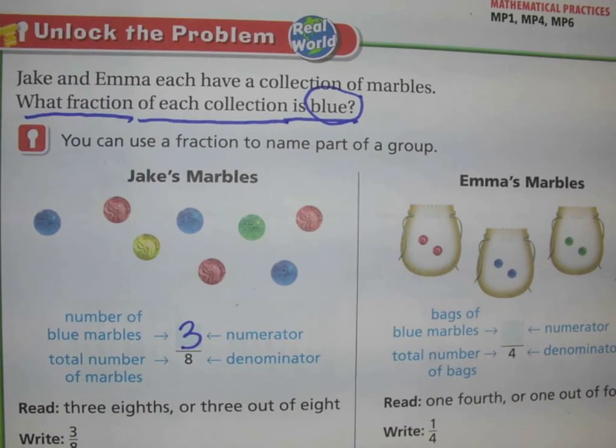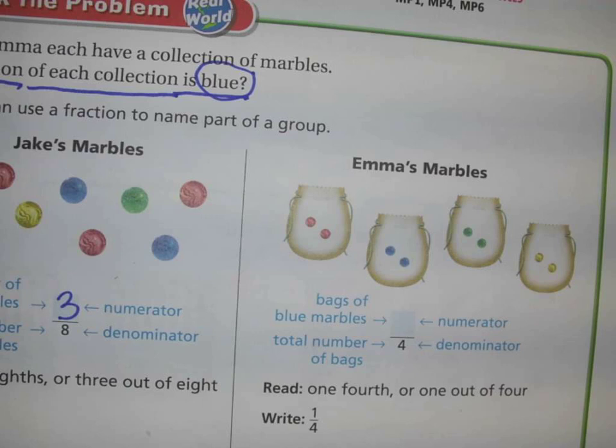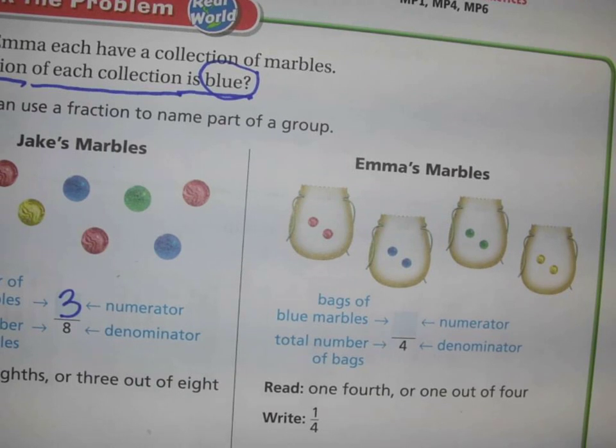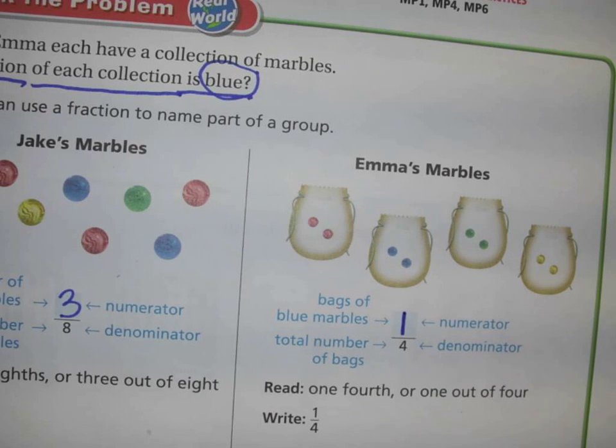Now let's write the fraction of the collection that is blue in Emma's collection of marbles. In this case, we're going to think, how many bags of blue marbles does Emma have? 1 bag of blue marbles. And there's a total of 1, 2, 3, 4 bags.